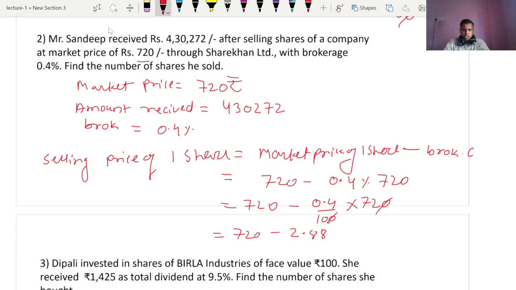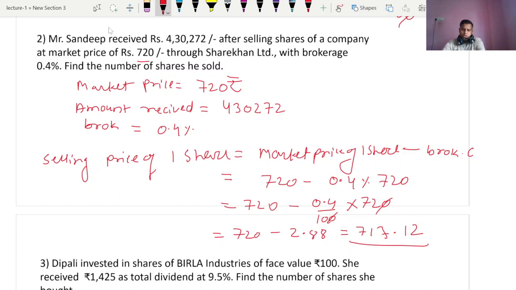Now 720 minus 2.88, so this will become 717.12. The selling price of shares was 720 rupees, the market price is 720 rupees, and the brokerage charge is 0.4%. So the selling price becomes 717.12.